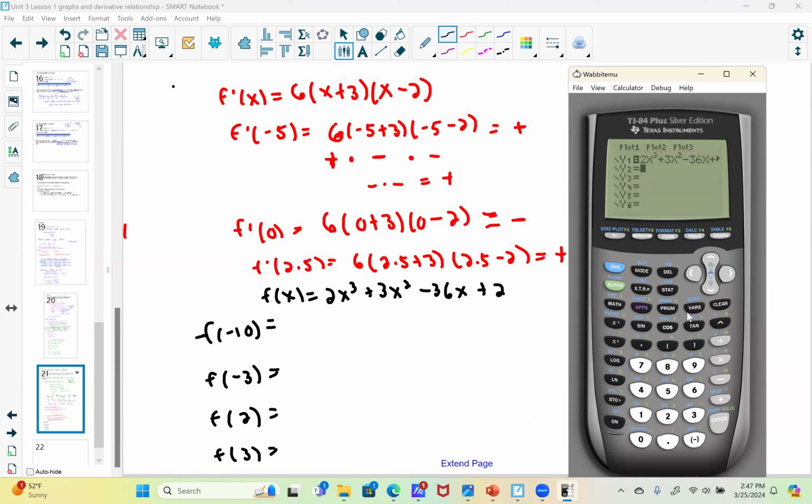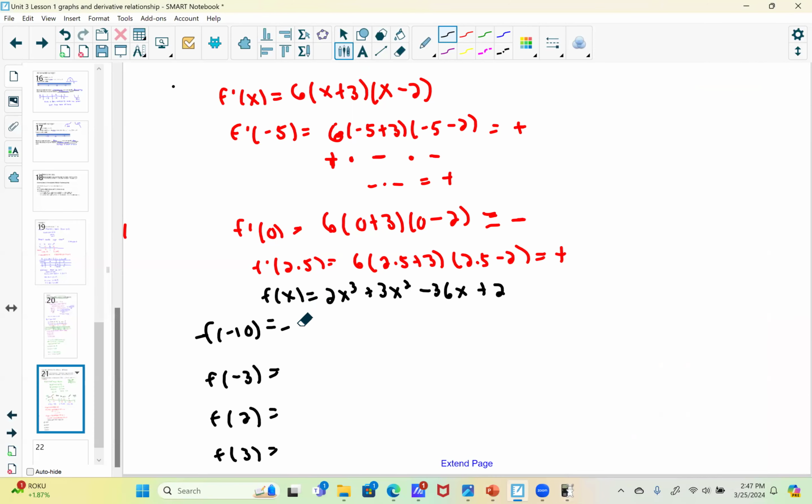Okay, so I'm going to do that. Hit second table, and then I'm going to type in my values. So I have -10, -3, 2, and then 3. So I'm going to find the 4 y values and then write those out.